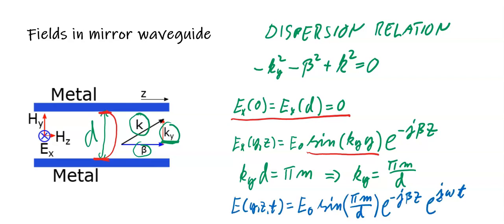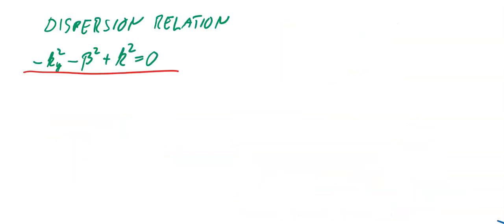and our next task is to determine the propagation constant and the effective index. And this we can solve from the dispersion relation. We shall rewrite the dispersion relation for the propagation constant.